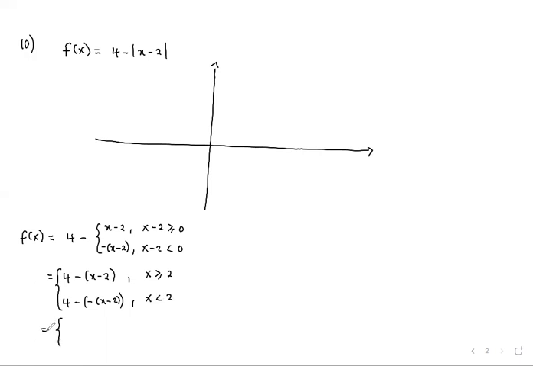Now here we have 4 minus x plus 2 when x is greater or equal to 2. We also have 4 plus x minus 2 when x is less than 2. What does this mean? 4 plus 2, 6 minus x when x is greater or equal to 2. And 4 minus 2, we get 2 plus x when x is less than 2.